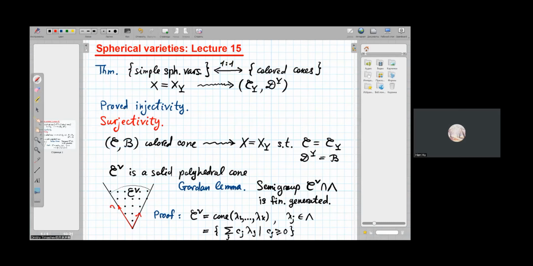So these are the vectors lambda 1, etc., lambda k. And now let's consider the set of all linear combinations of lambda 1, ..., lambda k of this form, but with coefficients ranging from 0 to 1. So let me turn to the next page.